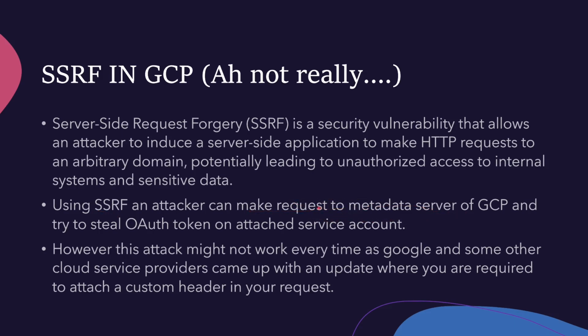This attack was possible before 2020. Attackers used SSRF to make requests to the metadata server of GCP, and they used to steal a token of the attached service account.